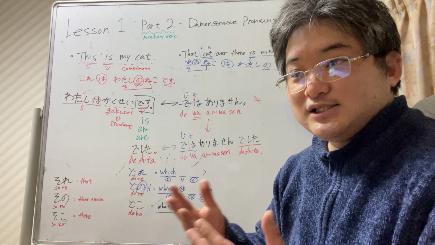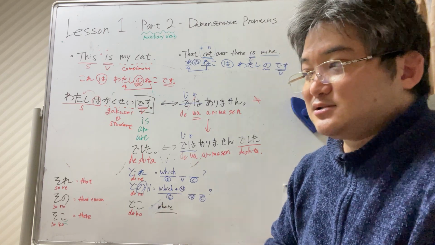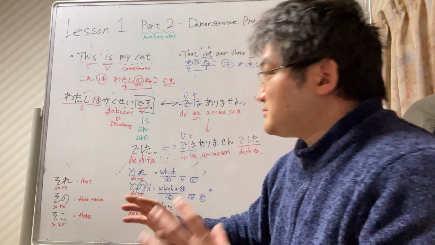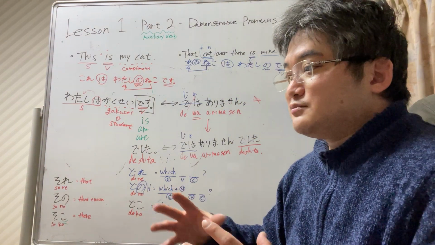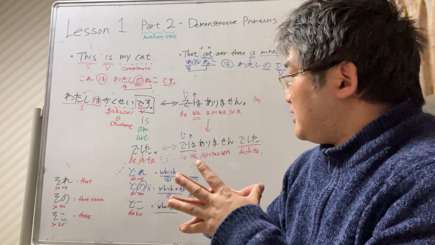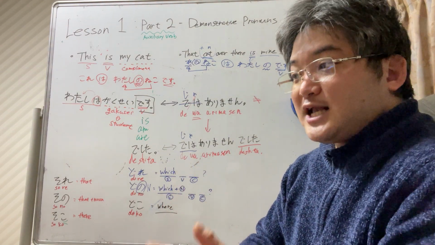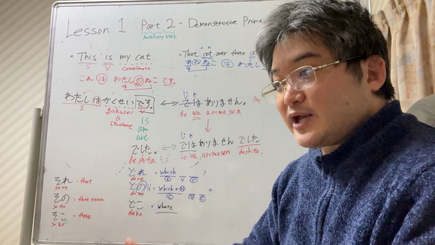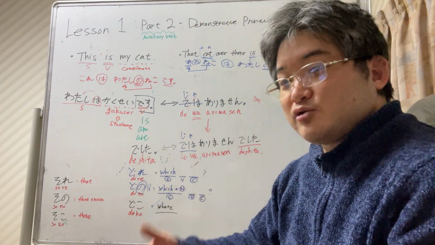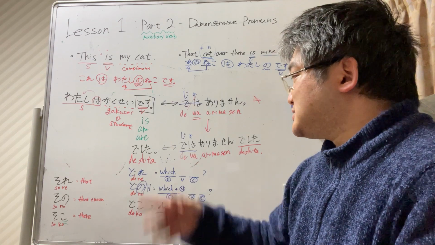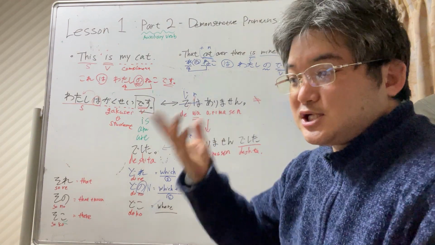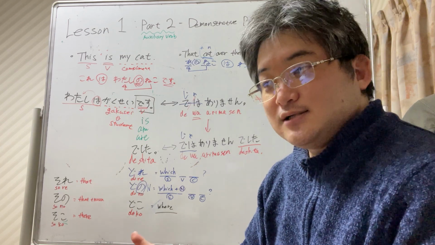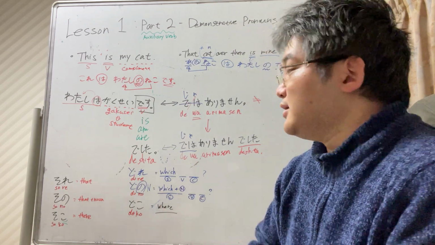I'm not saying this is completely by the rule, but ja can be used to introduce a new sentence, a new topic, or change a topic. But in many formal situations we will say dewa, let's have lunch, right?